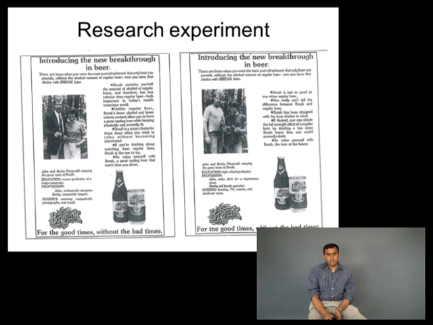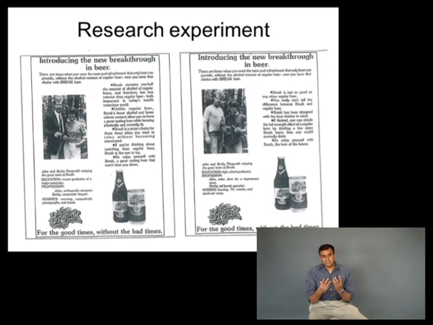Here was one experiment done way back in the 60s and 70s, when this elaboration likelihood model by Petty and Cacioppo was being designed. They created stimuli that looked almost similar except for a few things. In this one condition, for a beer, I don't know if it's a true brand or not, they had a list of rational arguments for why you should purchase it, which is the one on the left.